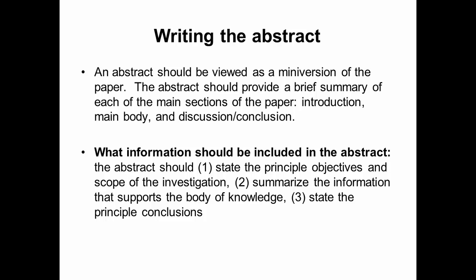The second thing is that you summarize the information that supports the main body of knowledge, and then the conclusions. So again, just a summary of each section, the introduction, main body, and conclusion, and add a little bit about the specific question that you want to address and the objectives and principles of the topic.